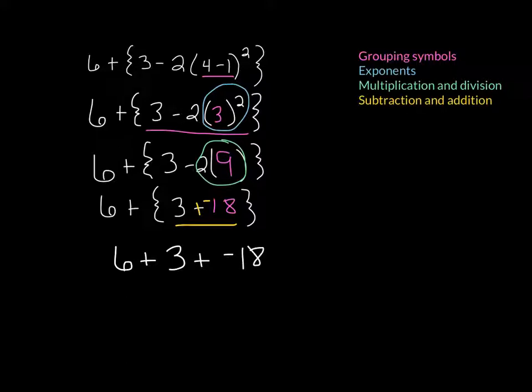I'm going to start by taking my positives. 6 plus 3 is 9 plus negative 18. Now I have more negatives. So they're different, so we subtract. And because I have more negatives, my answer is negative. So this one would be negative 9.